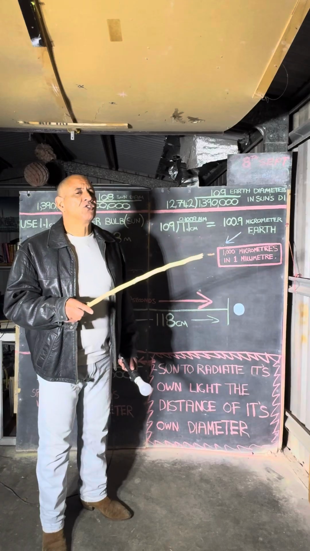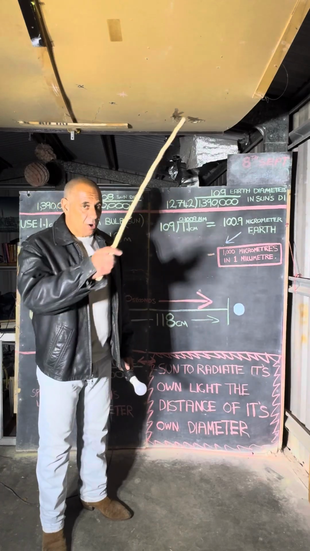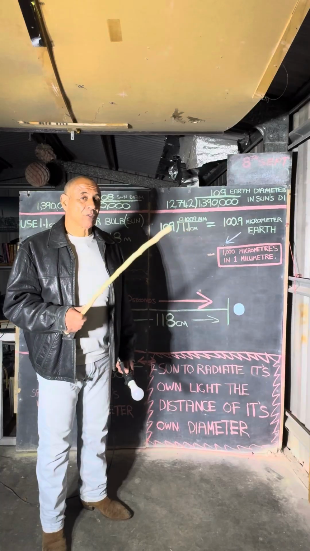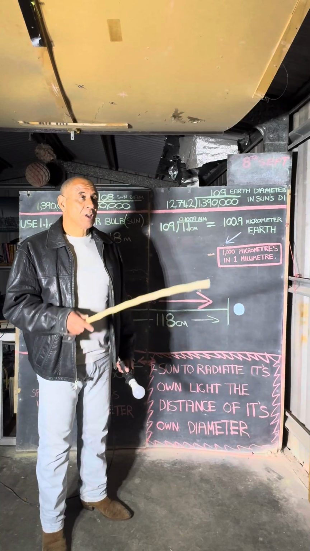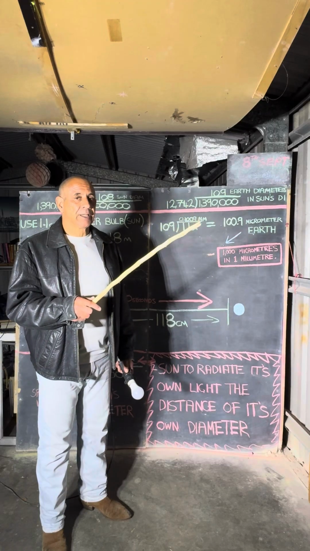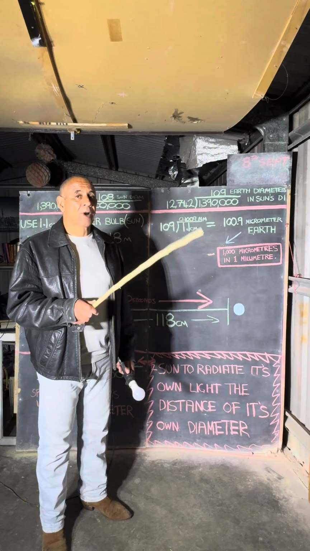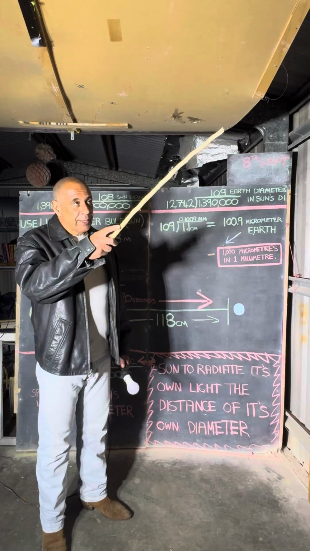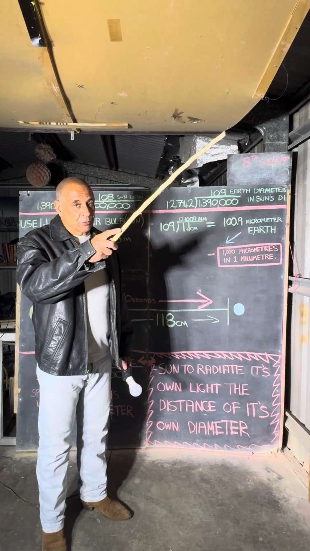No, it's ridiculous. But the sun behind that moon, even though it's so far away and it has a diameter of 1,390,000 kilometers, is radiating, allegedly, it's not, its light at a rate of 1 diameter every 4.6 seconds. It's the same diameter as the moon during the solar eclipse.